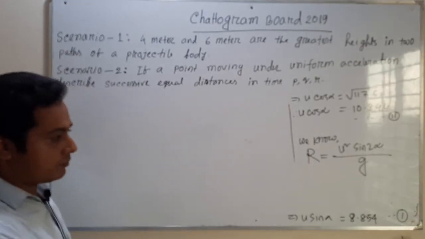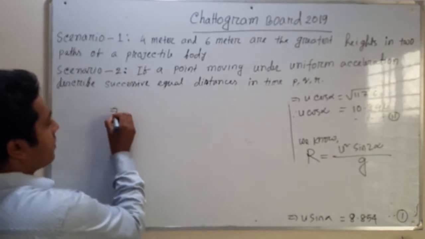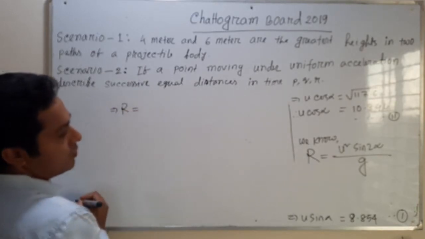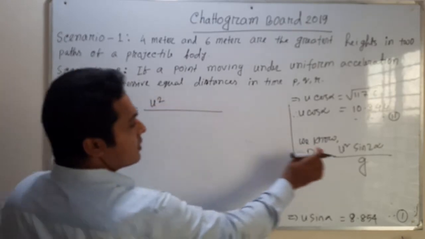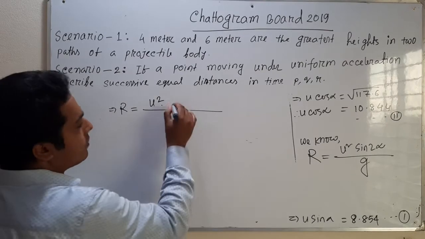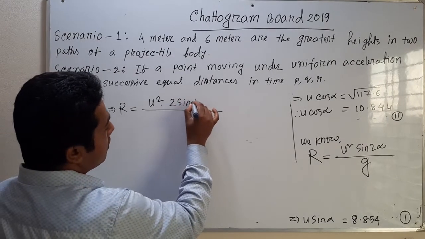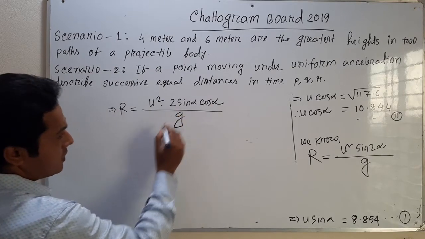From this formula we can write R is equal to u square sine 2 alpha, by the trigonometric formula 2 sin alpha cos alpha divided by g.